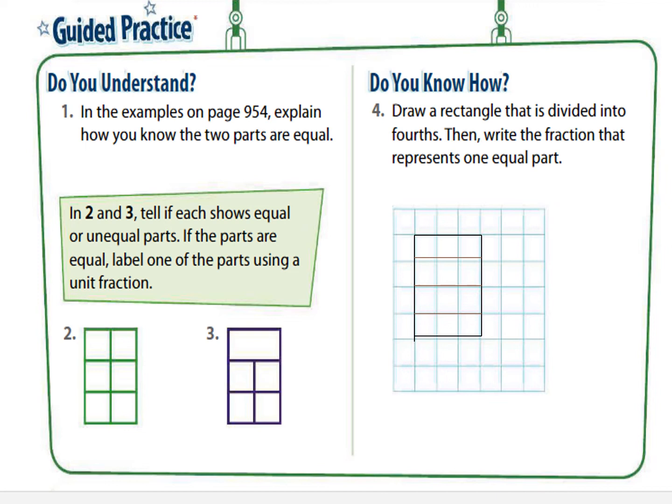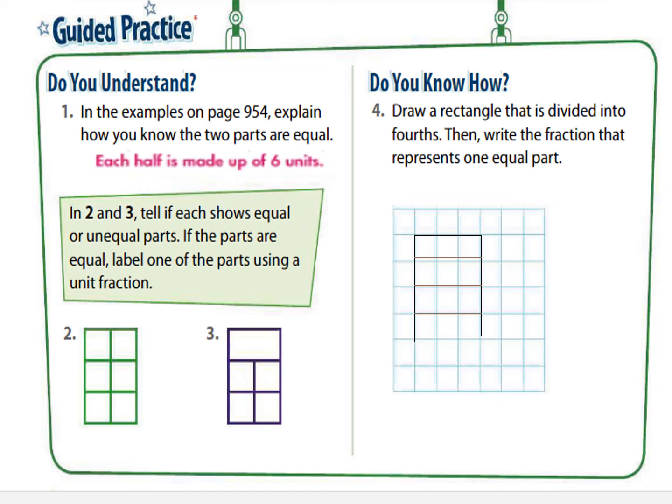Look at page 954. Look at the example up. We have got two parts and each half is made up of 6 units, up 6 and down 6, so they are equal.